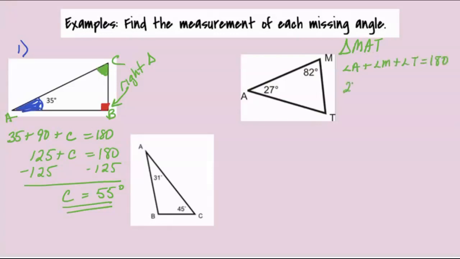So that's 27 plus 82 plus T equals 180, or 109 plus T equals 180.